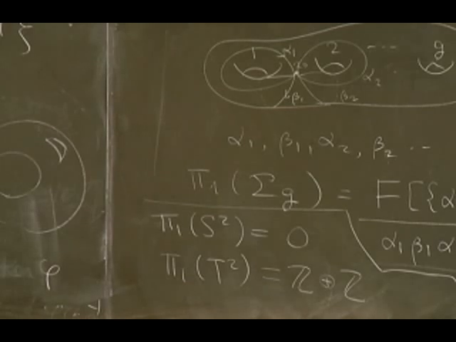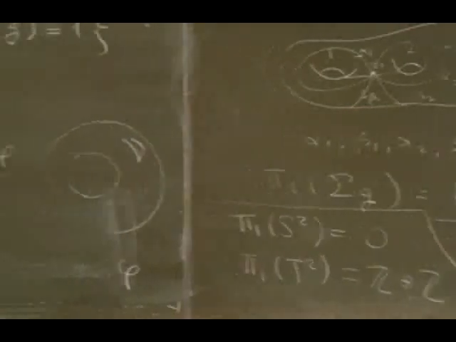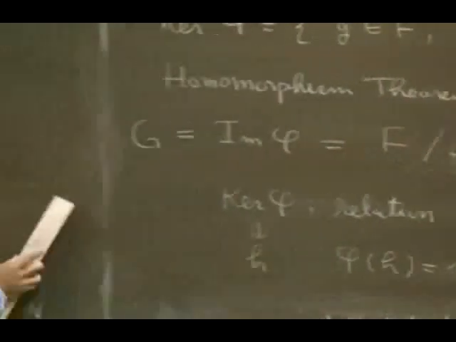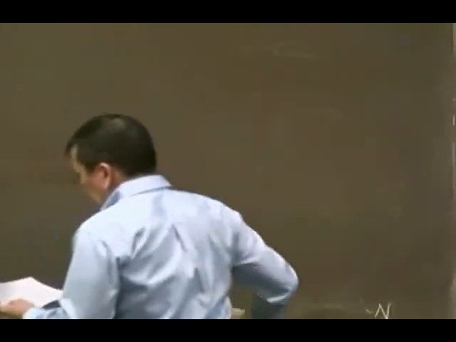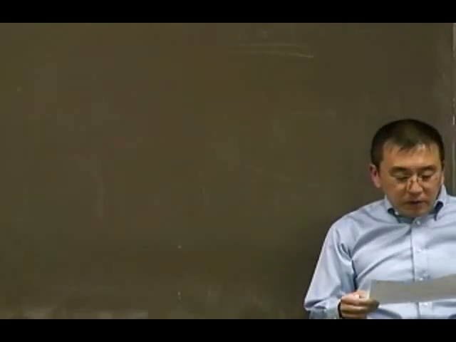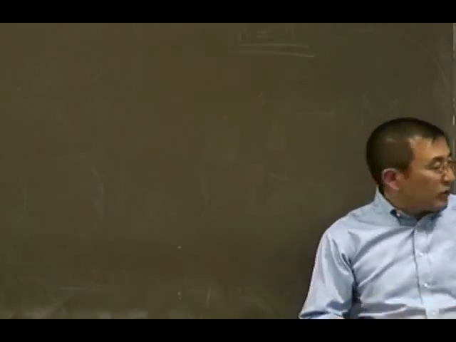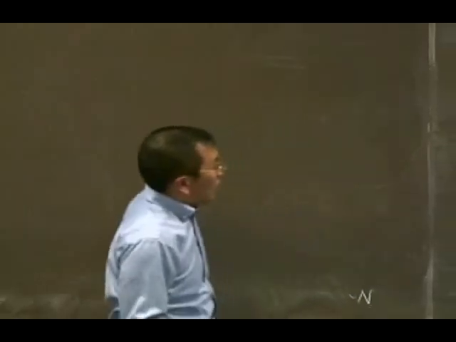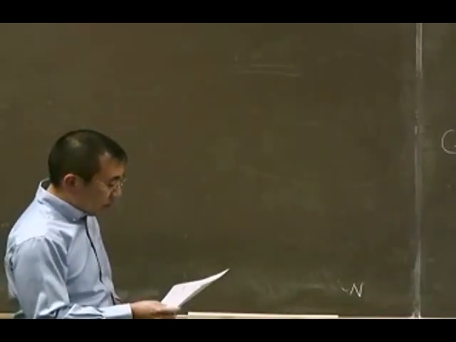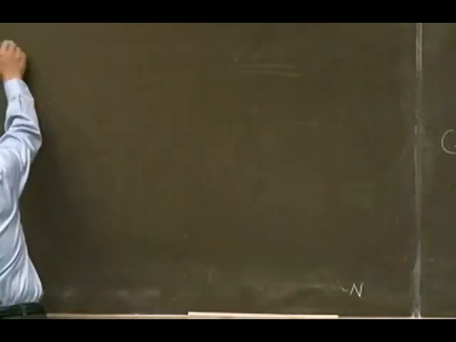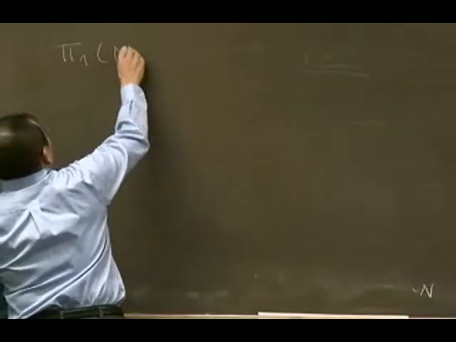Okay, so I'm going to the left side of the blackboard. I say that if you have any group, then you can consider it as a free group with relations. Now, pi 1 of M is a group.